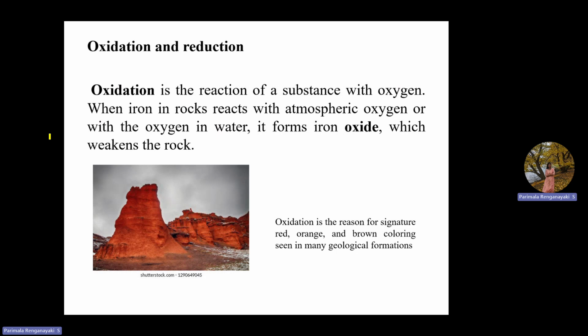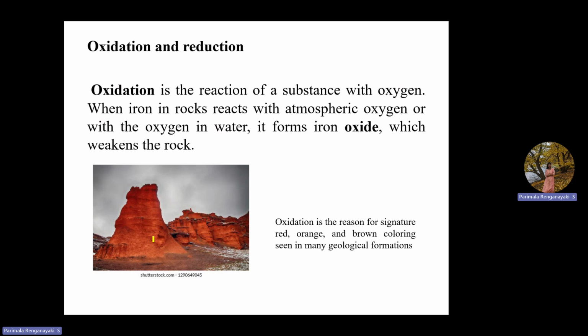When iron in rocks reacts with atmospheric oxygen or with the oxygen in water, it forms iron oxide, which weakens the rock. Whenever we talk about iron, the color will be somewhat rust orange or something.